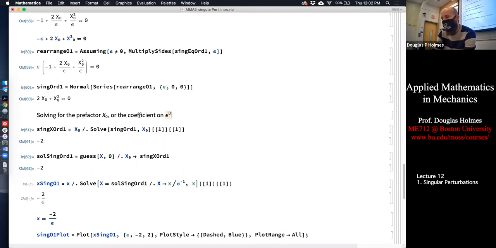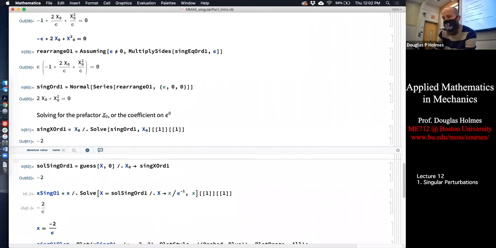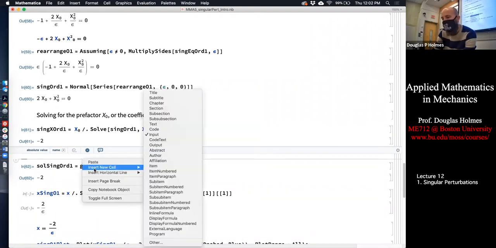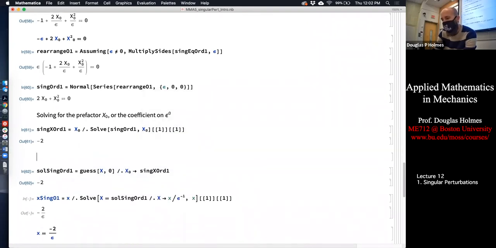So we've just solved for x naught, but we need to recall that our guess says x is equal to x naught times epsilon to the 0 plus x of 1 times epsilon to the 1 plus x of 2 and so on.